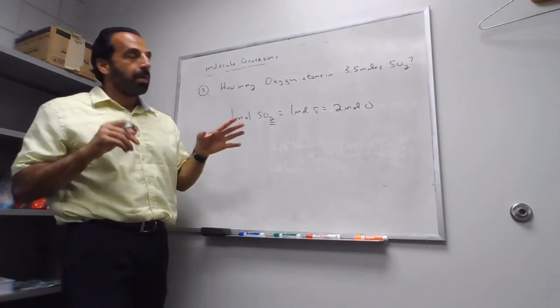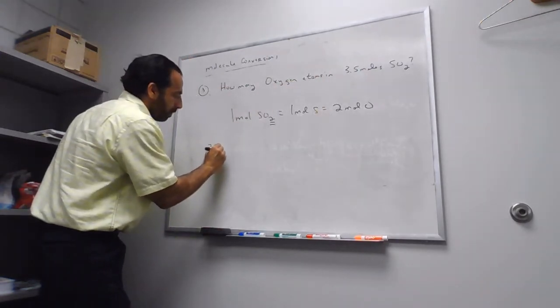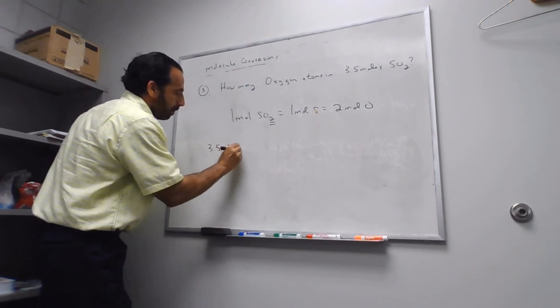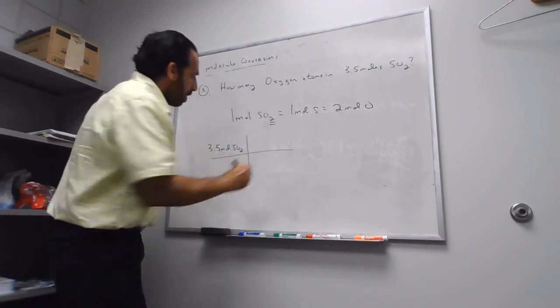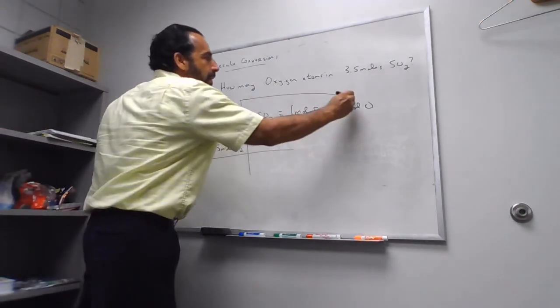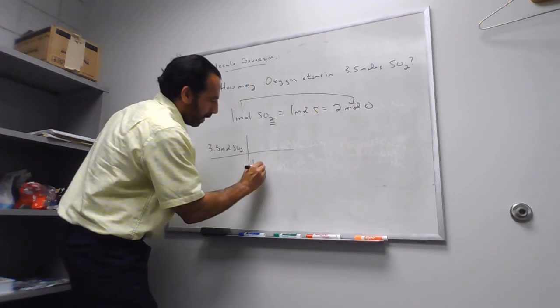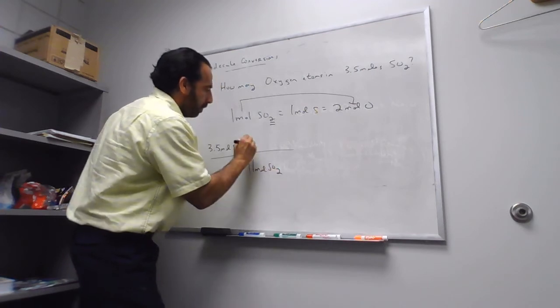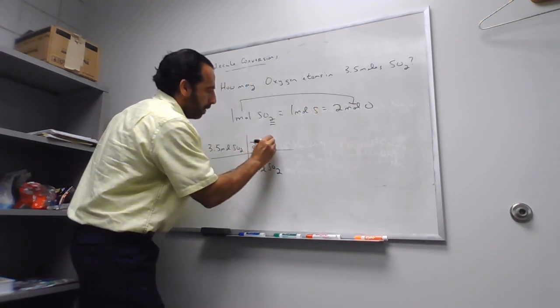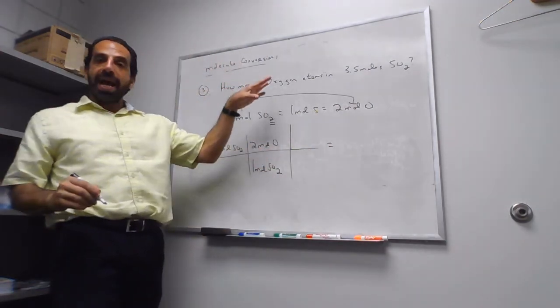We're going to use that. So we write down what's given. 3.5 moles sulfur dioxide. Well, 1 mole of this is equal to 2 moles of oxygen. And then I need to get to atoms of oxygen.